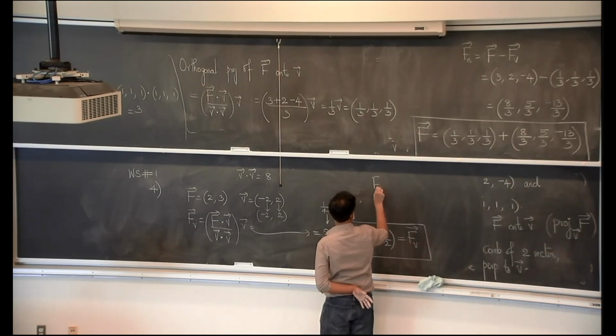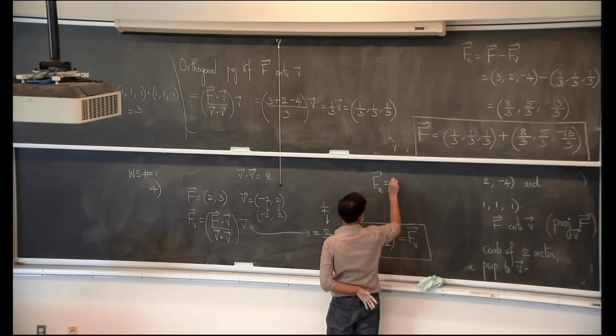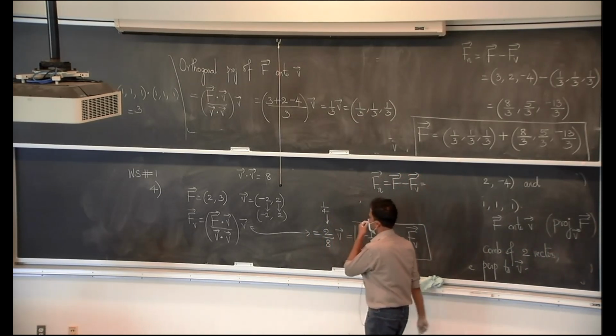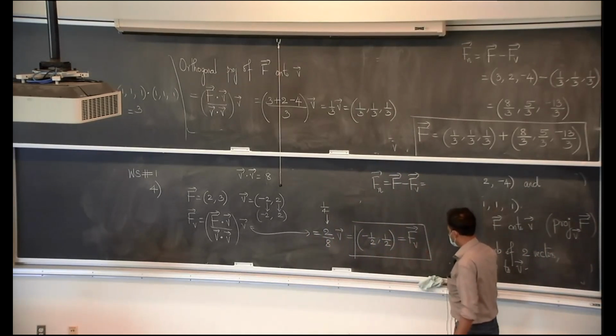And Fn is F minus Fv. Well, we just need to subtract those vectors. You get 5/2 and 5/2.